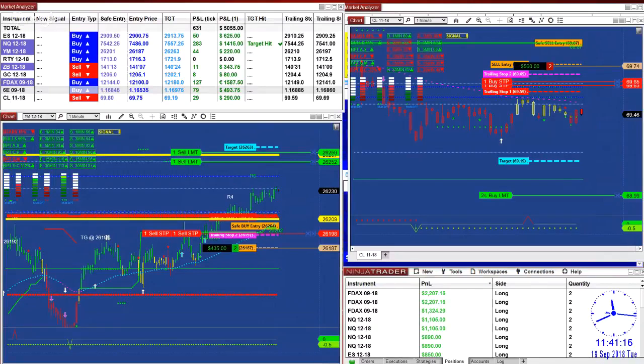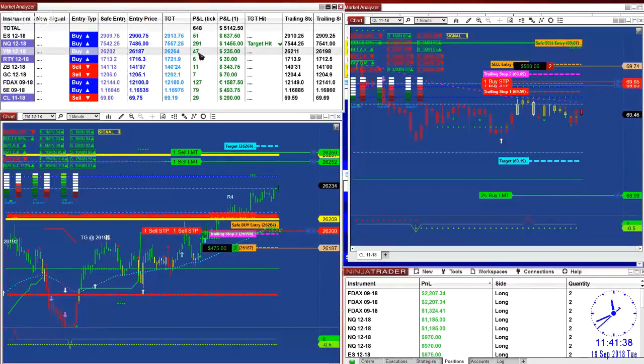We called some trades manually, and the ones where the signals applied are right in front of you. At the moment, we have 50 ticks on the ES and 290 ticks on the NASDAQ based on the last signal, and 48 ticks on the YM, 6 ticks on the Russell.